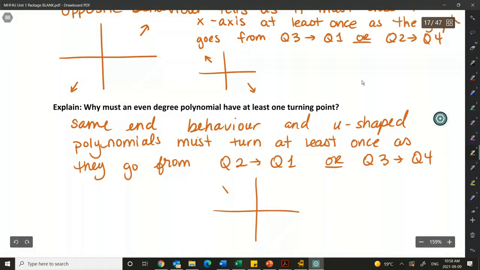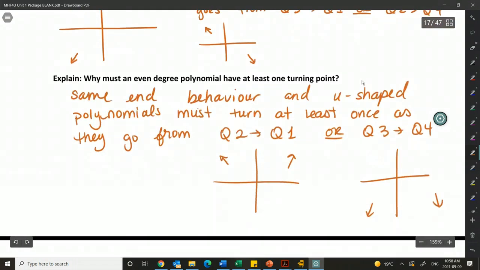So as a visual example here, they are both facing up, or the ends are both facing down in these bottom quadrants. So something happened in between here where I had to turn for that to happen, right? Same thing here. Something happened where I have to turn in order for that to happen.